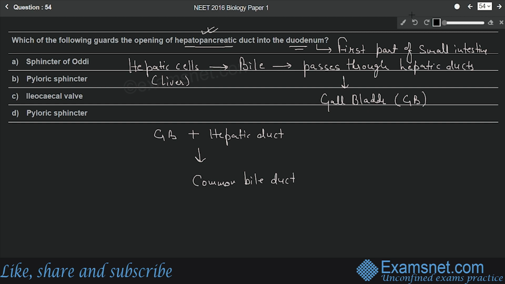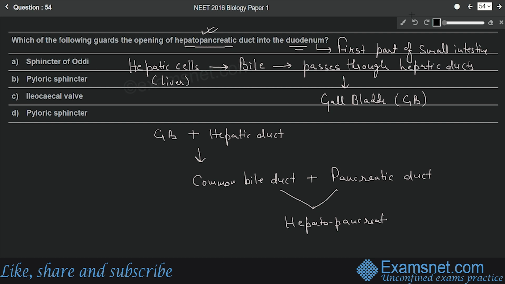Okay, now this bile duct and the pancreatic duct, that means the duct from the pancreas, these two open together into the duodenum, that is the first part of the small intestine, as hepatopancreatic duct.